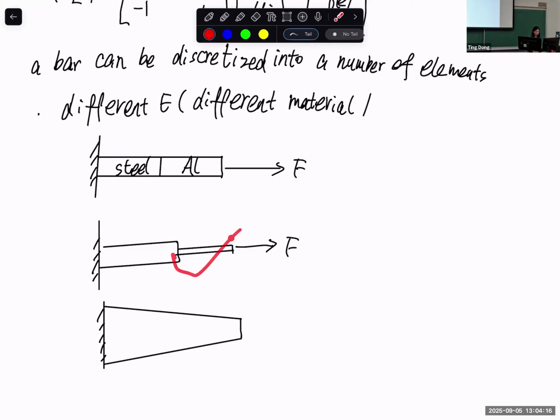For this one, it's still doable by hand calculation, but for this one, you really need to use FEA with software, because what you can do is discretize into different elements. So for this one, I can use this average cross-section area as one section, and for this one I use a smaller cross-section, and for this one a smaller cross-section.